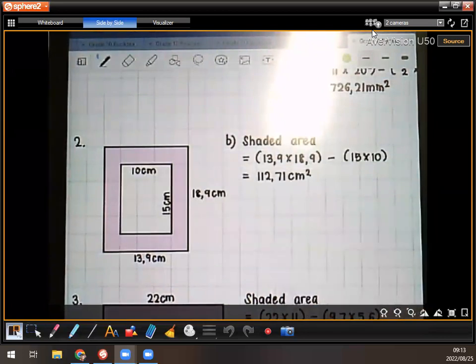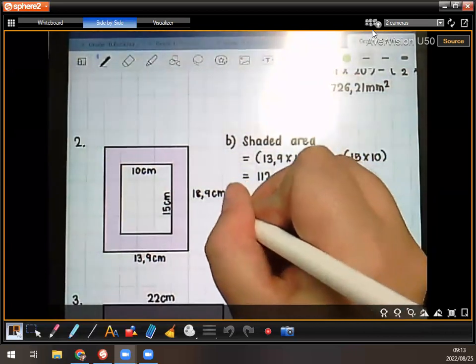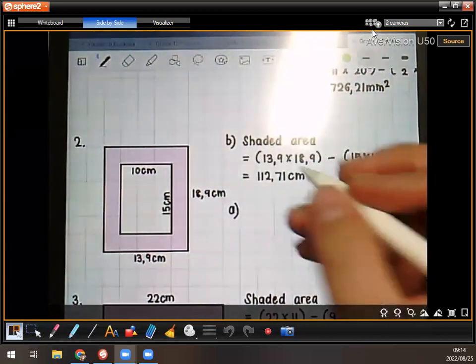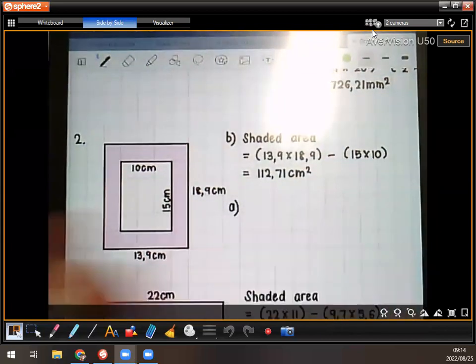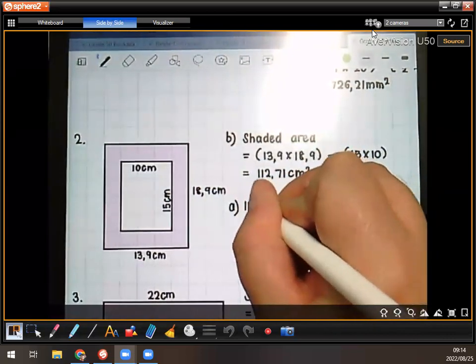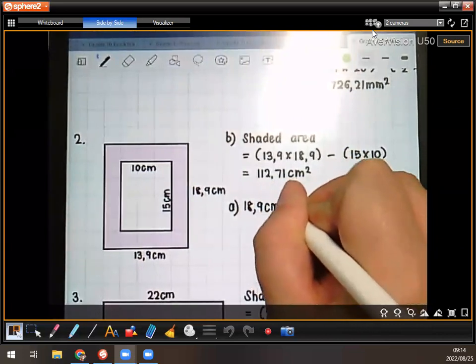See, that's not too bad, right? A rectangle minus another rectangle. For A, you had to change all of those dimensions into millimeters, right? So I'm just going to write it here. You didn't have to write it like a separate step, but 18.9 centimeters is how many millimeters?